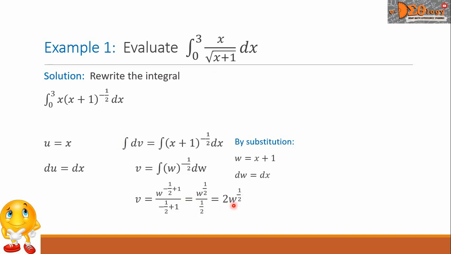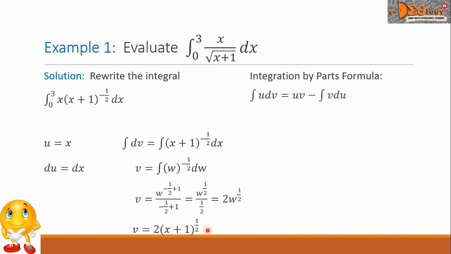From here, let us return the value of w with respect to x. That is the x plus 1. So the value of v is equal to 2 times the quantity x plus 1 raised to 1/2. Now, let us use the integration by parts formula. Let us substitute the corresponding values in the formula.